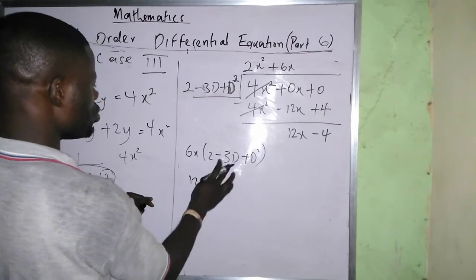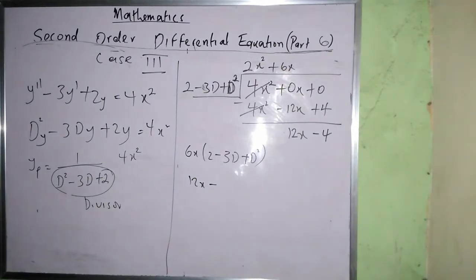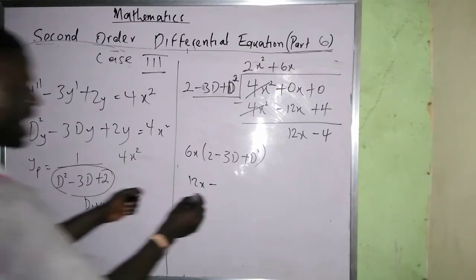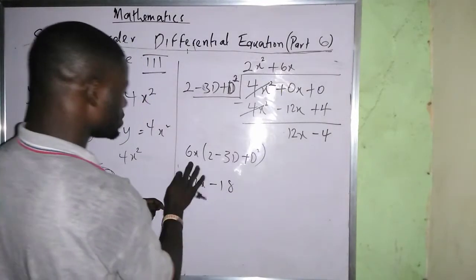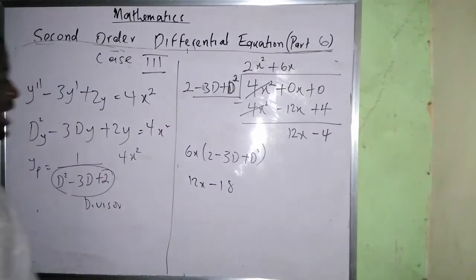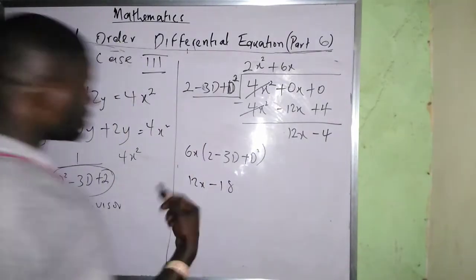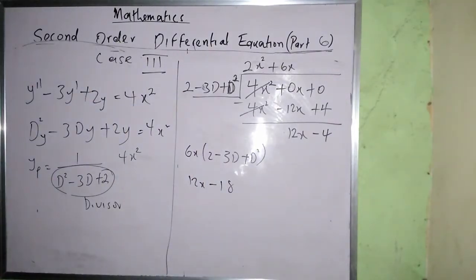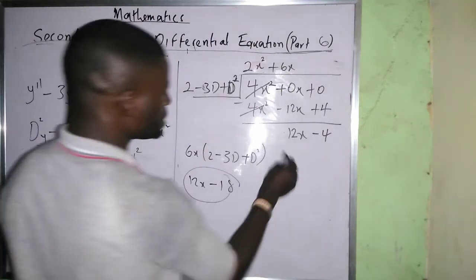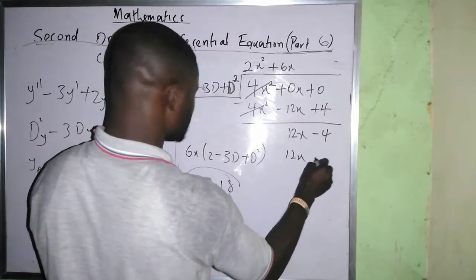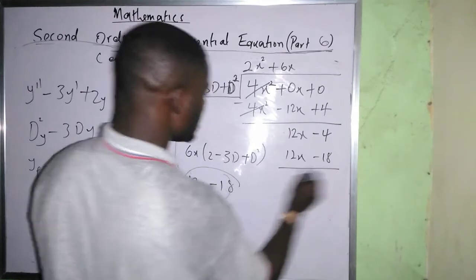I have minus 18, because if I differentiate x, I will be having 1. And if I differentiate the 2 times, it will be 0. It means I'll be having 12x minus 18.